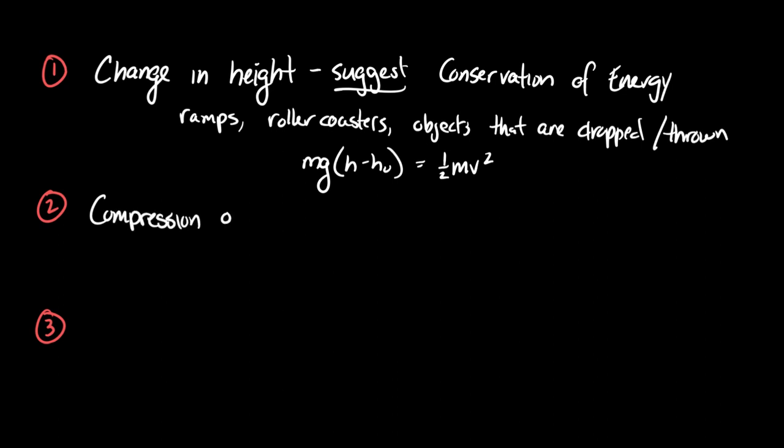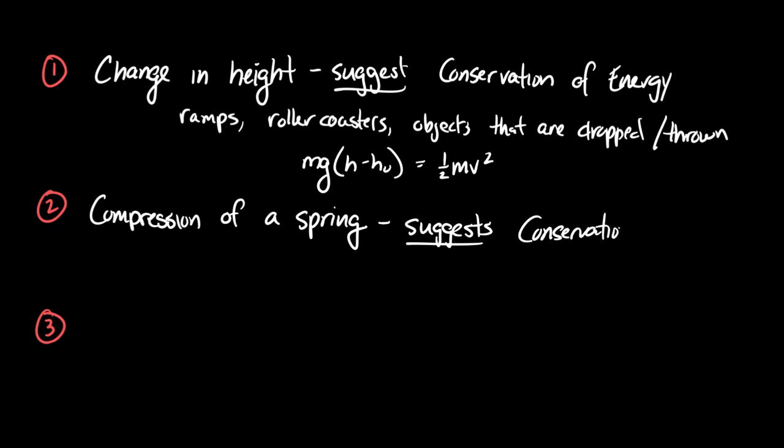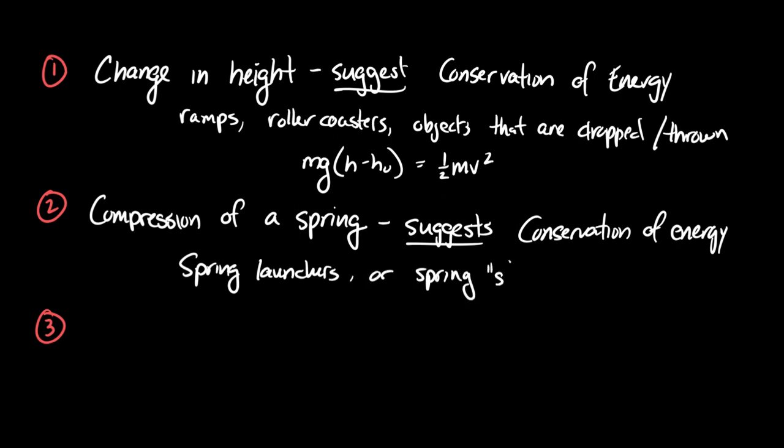Like that, we can have the compression of a spring. Now, there can be multiple things for these, but we're trying to bring to bear what's happening in this problem. This suggests conservation of energy again. So spring launchers, or spring stoppers.